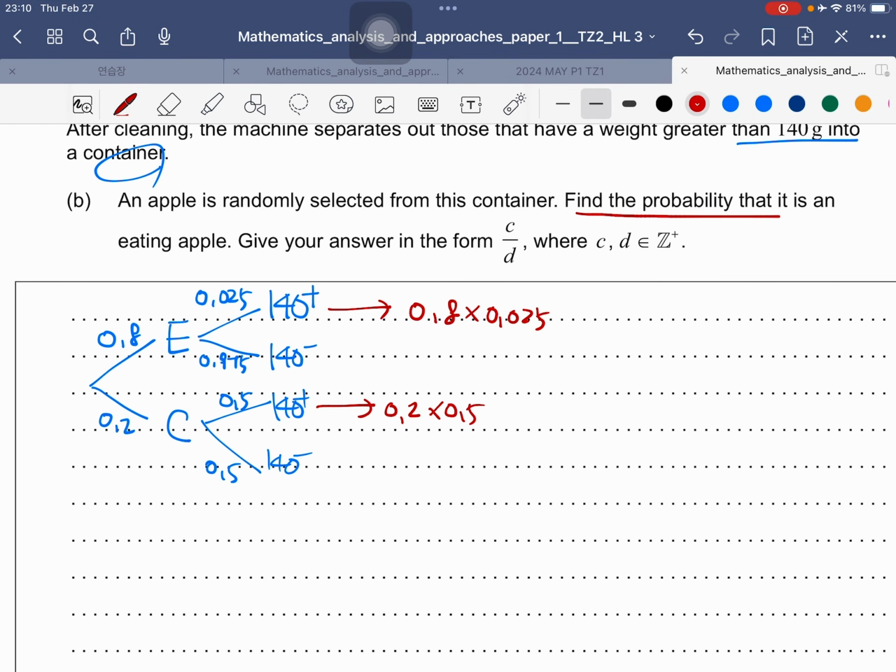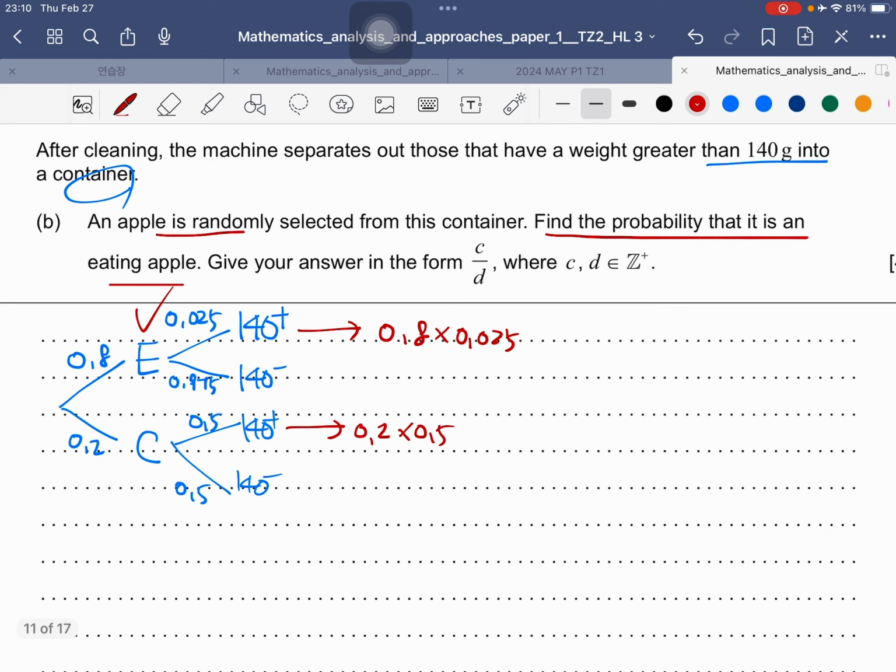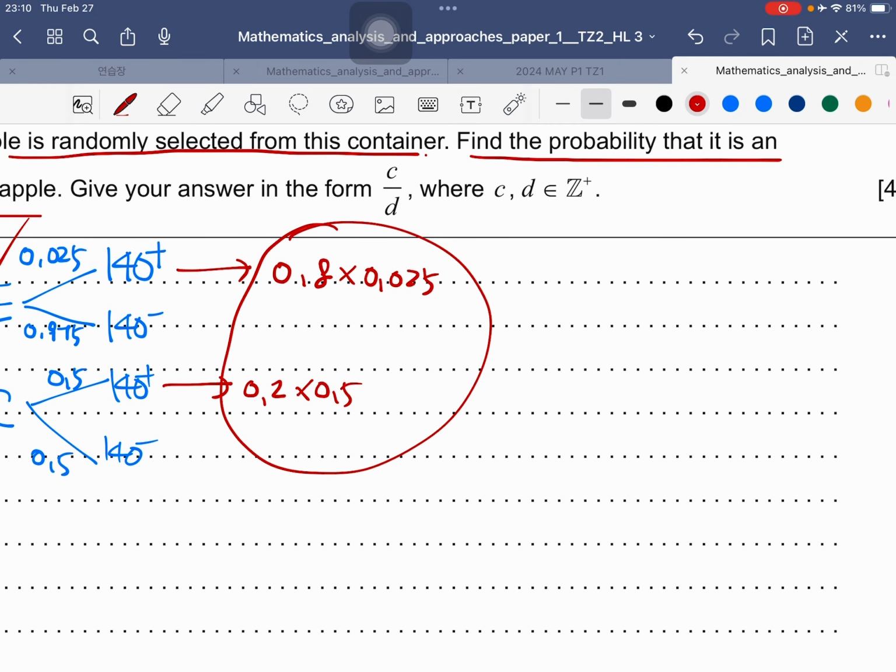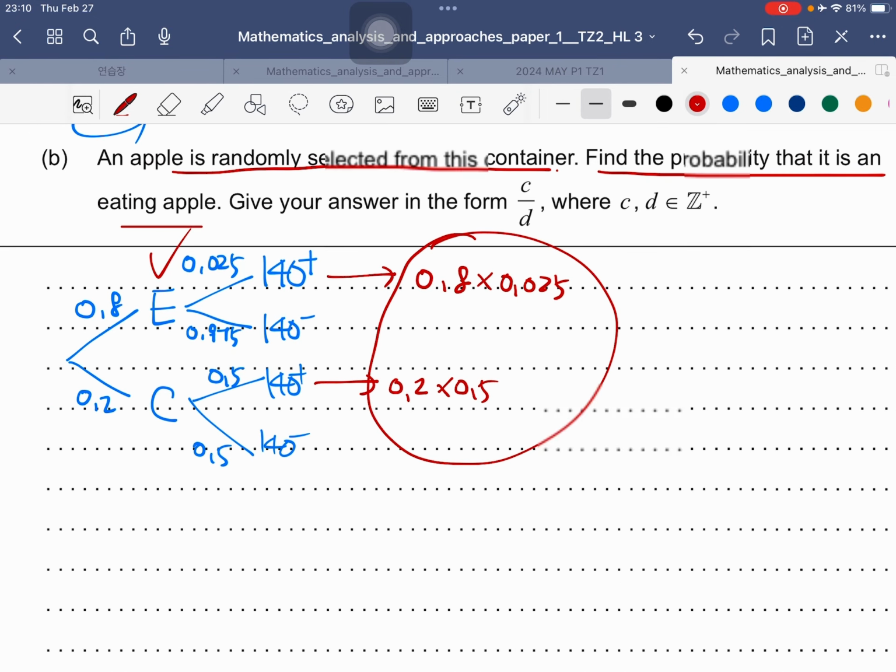Find the probability that it is an eating apple, so over here. An apple is randomly selected from this container. So in this container, among these, find the probability of this one.